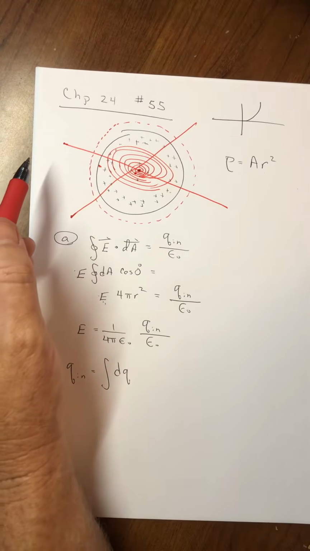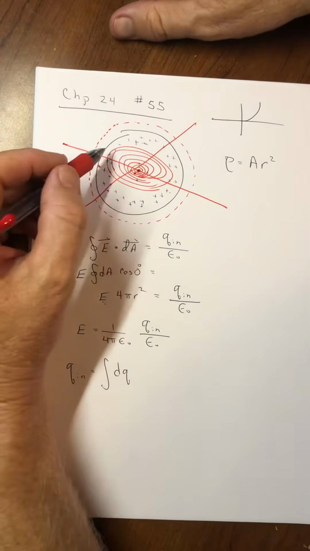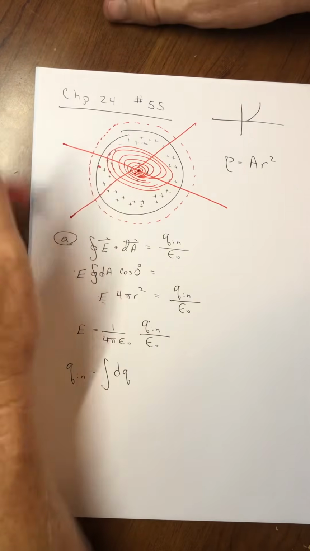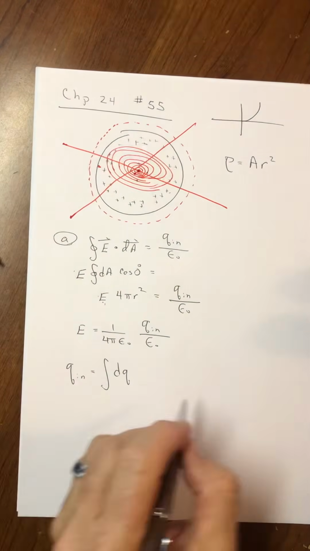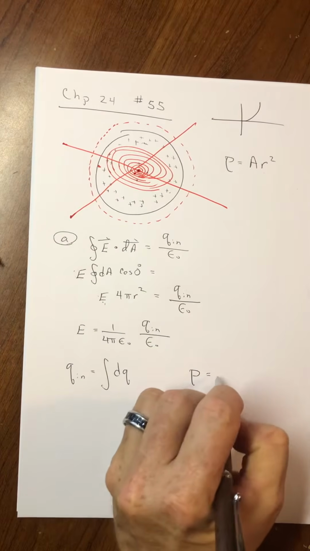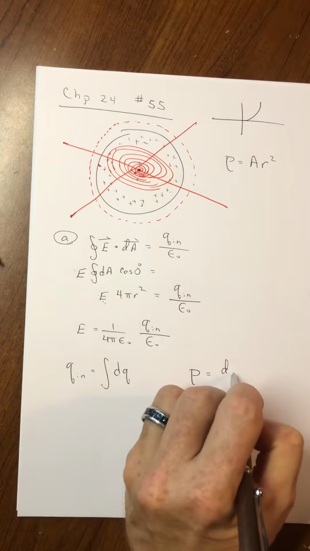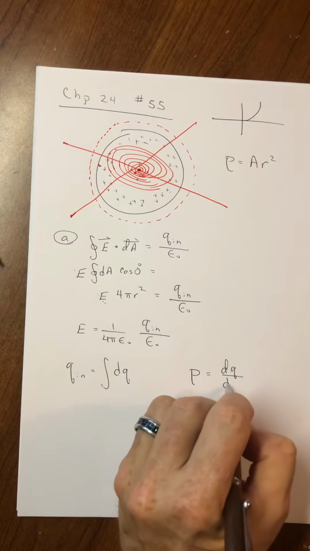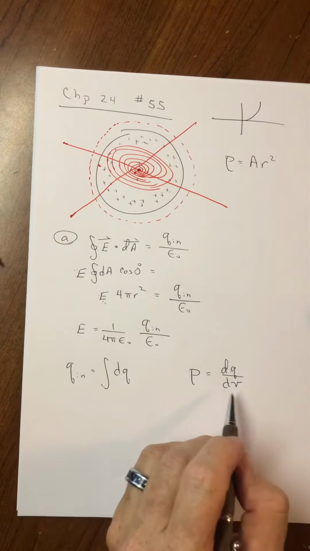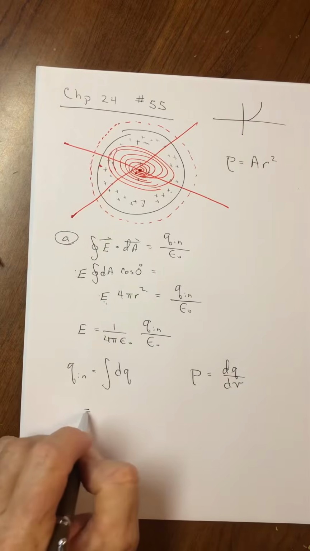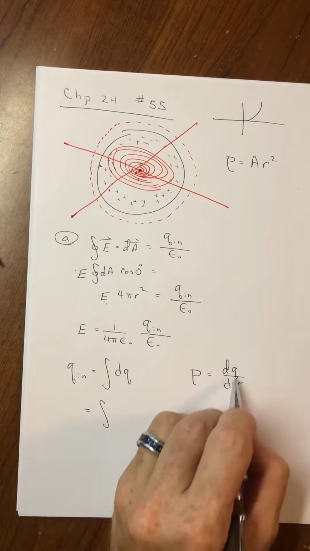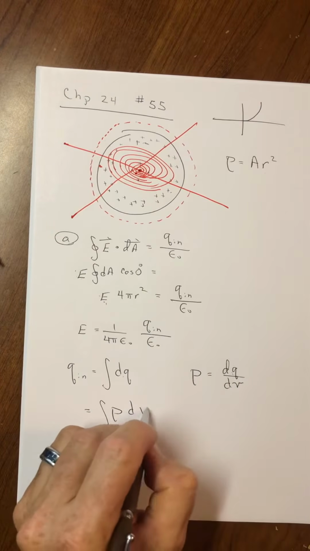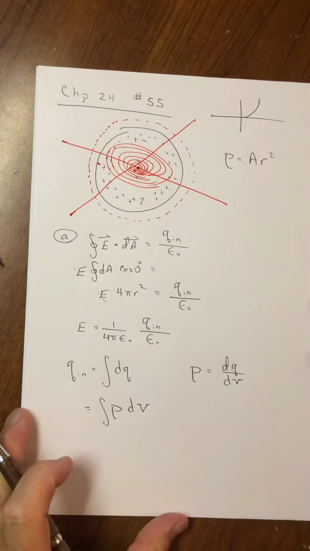As a matter of fact, that'd be a mistake if I did, because there's no more charge to add up. So keeping that in mind, and together with the fact that the definition of charge density is charge per volume, we can then do a substitution of dq with rho dV.